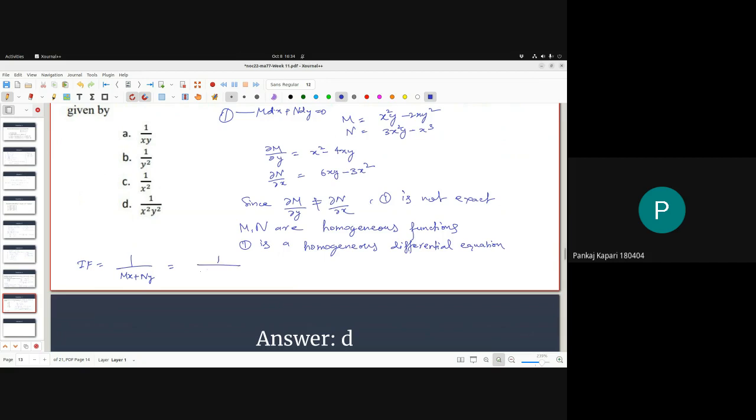Let's find out what 1 over Mx plus Ny is. What is Mx? If you multiply M by x, then you will have x cube y minus 2x square y square, and multiplying N by y, you will have 3x square y square minus y x cube.